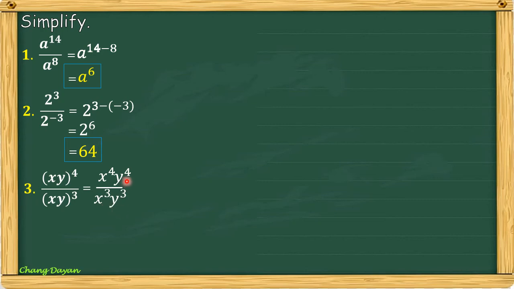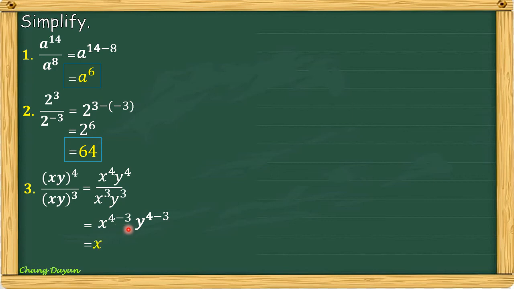So yung 3 at 4 galing yan sa exponent na nasa labas ng parenthesis. So just get the difference. So x raised to 4 minus 3, then we'll have y raised to 4 minus 3.